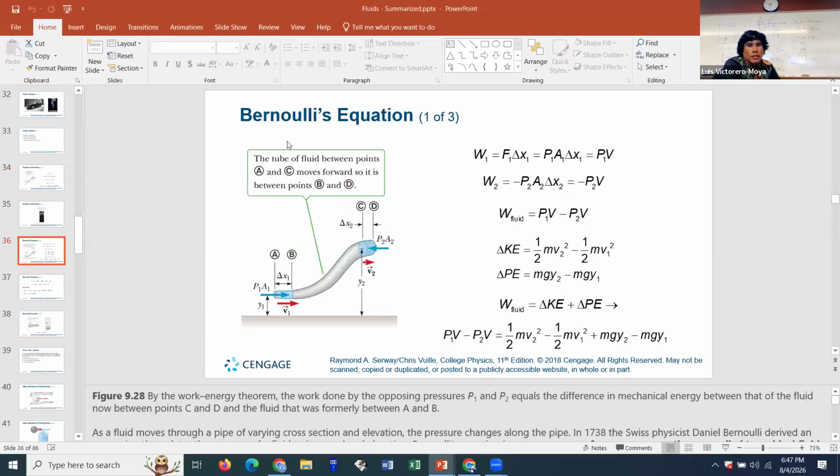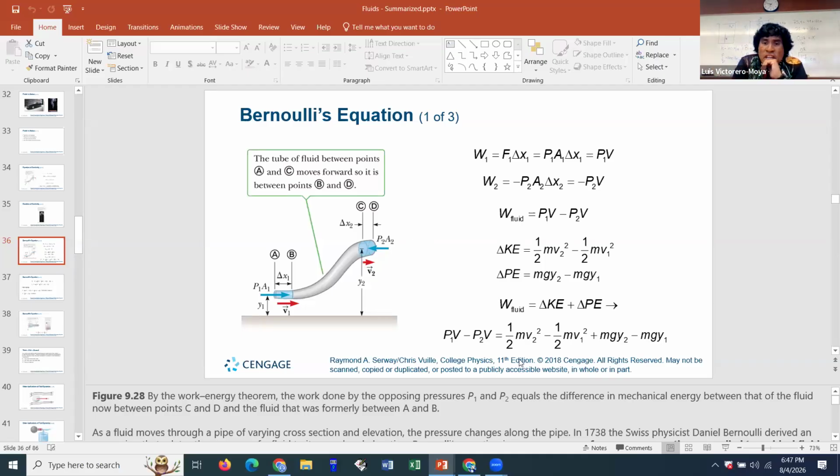To understand the motion of a fluid in pipes or in situations like this, we can also use the conservation of energy. Again, we are assuming no viscosity and laminar flow for the liquid, so it goes steady without any turbulence.